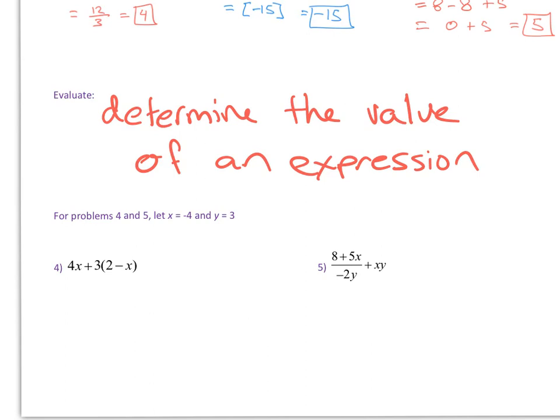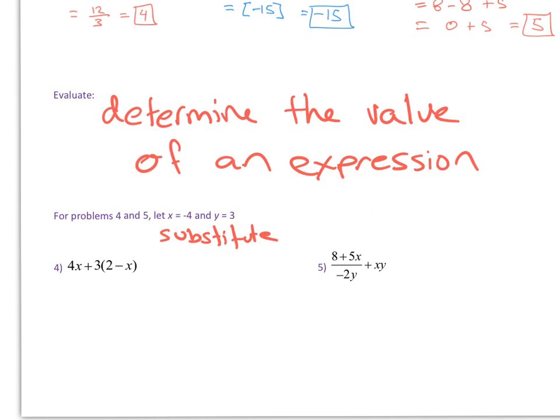And the directions say for problems 4 and 5, let x equal -4 and y equal 3. So the first thing we're going to do in both of these problems is we're going to substitute. Which means anytime I see an x, I need to replace it with -4. I always use parentheses for that. And anytime I see a y, I'm going to replace it with 3. And again, always use parentheses when you do substitution.